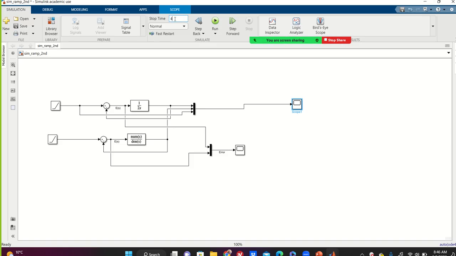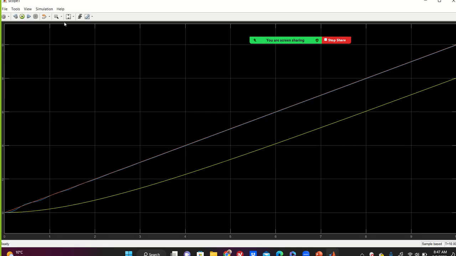So the main difference between the first order system and the underdamped second order system is that there's no oscillation in the transient response. Let me run it for 10 seconds, so it settles down. There we go. See? Oscillation here, no oscillation, settles down, settles down. Okay? Understand everybody? Yes?